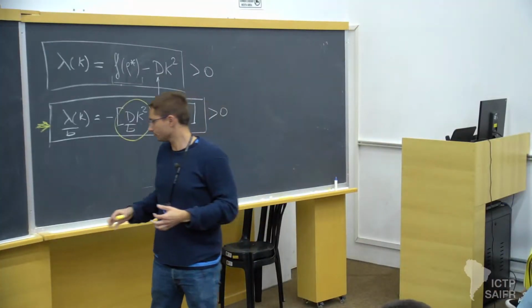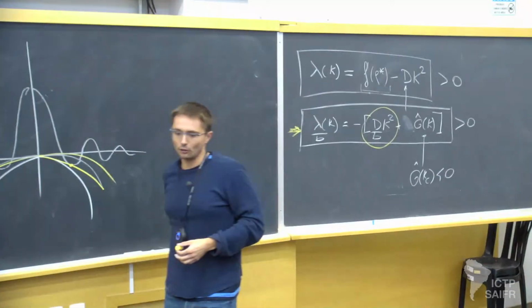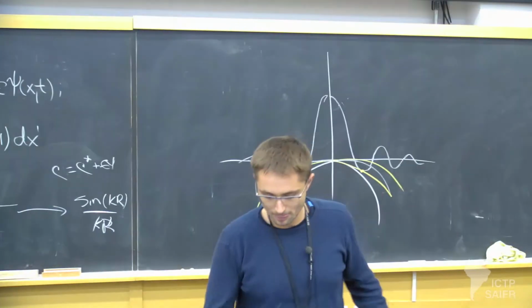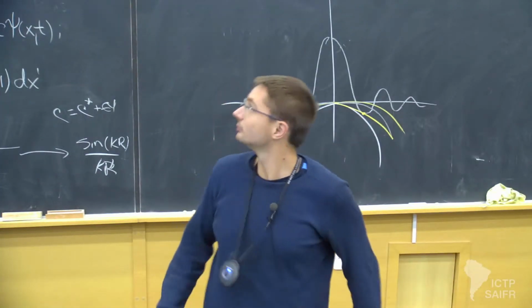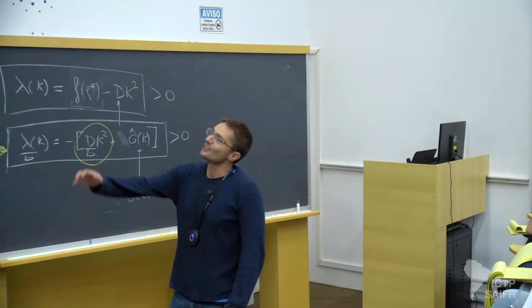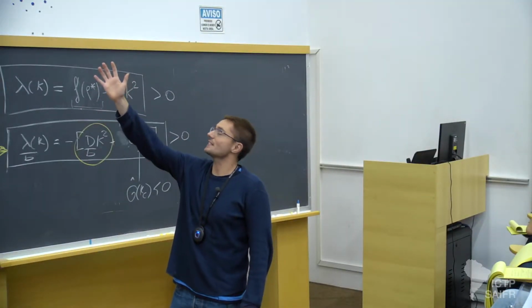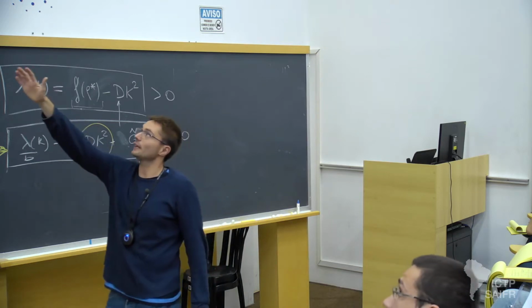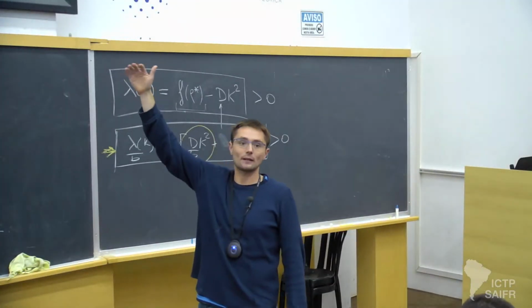And of course, you can always plot the whole thing, which is what you saw yesterday like 5 or 6 times. So this is basically this lambda k as a function of k for 3 different values of b.